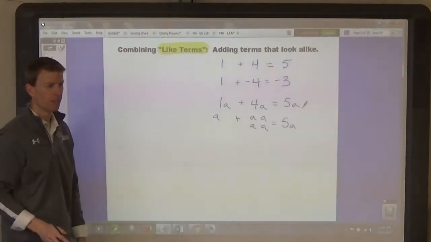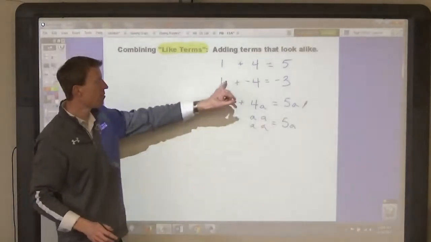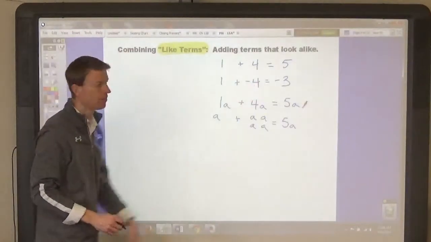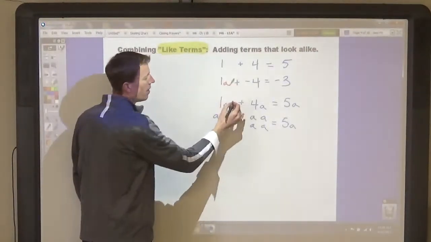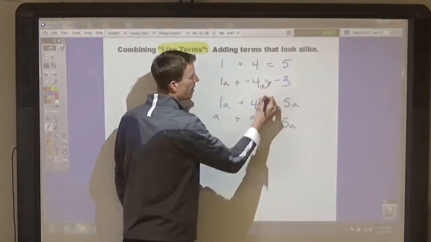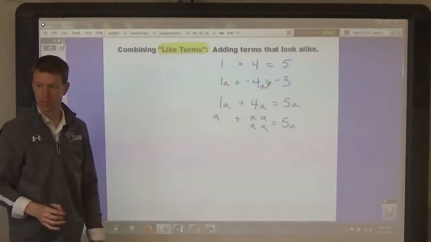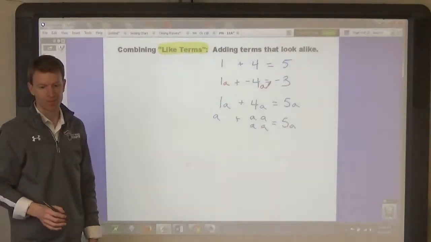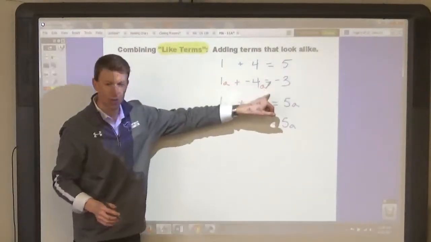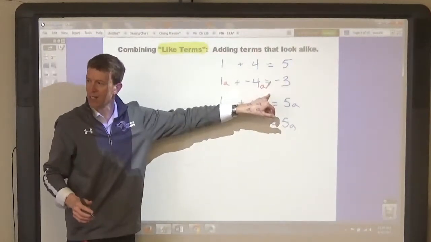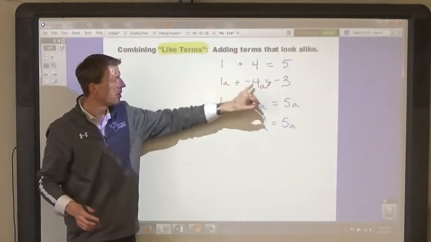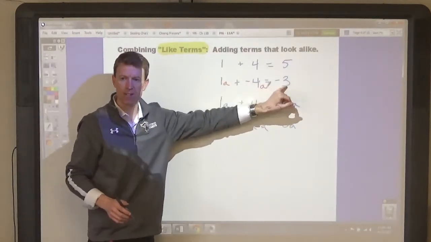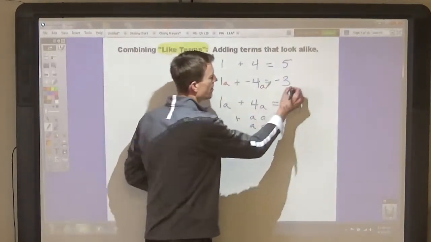Now, sometimes the variables are negative. If we had 1a and negative 4 a's, now we're taking away, right? We're finding the difference in the numbers. So 1a plus negative 4a is negative 3 a's.